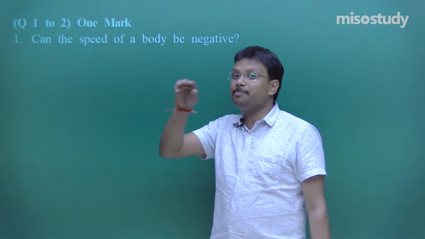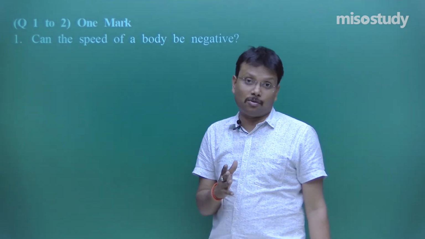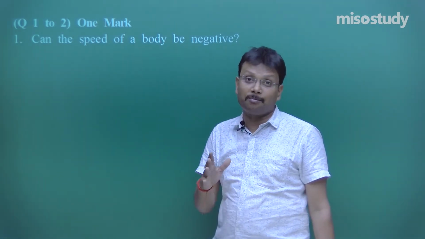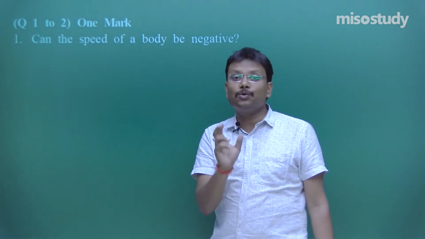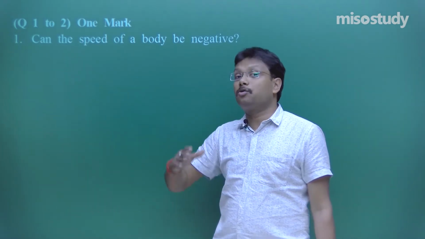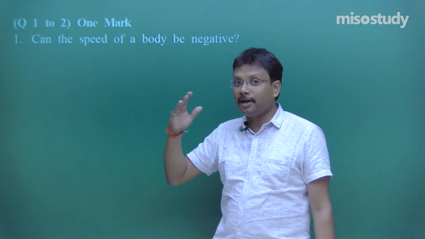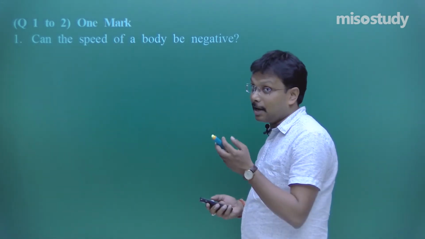The entire question paper will be classified into different segments. HOTS also, that is higher order thinking skills, is the term used for HOTS. These questions will also be asked in different categories. So this is your simple starting point.